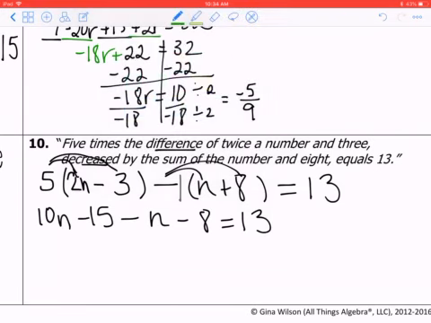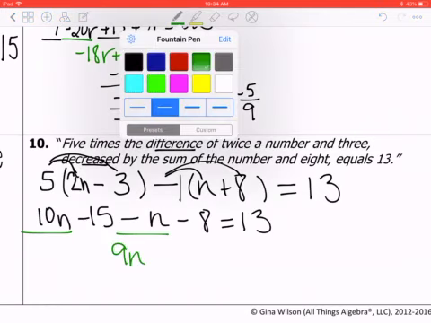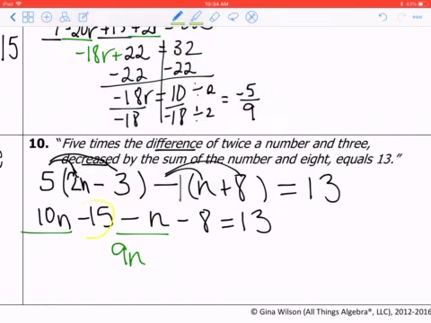Okay, now we're ready to combine like terms. 10n subtract 1n is 9n. Negative 15 subtract 8 is negative 23. And that equals 13. And from here we're ready to solve.